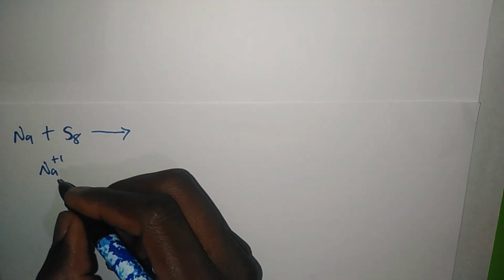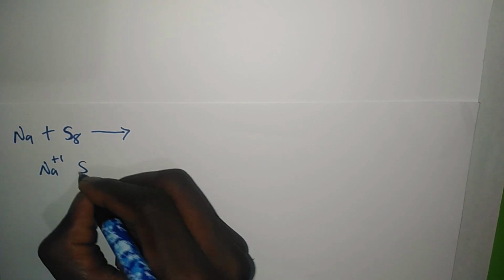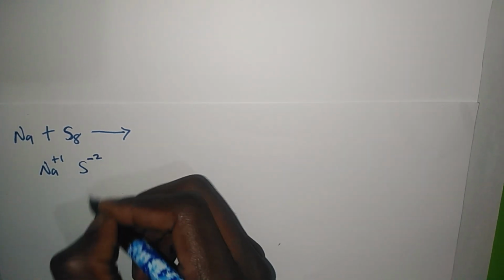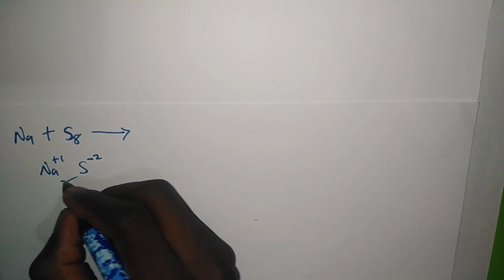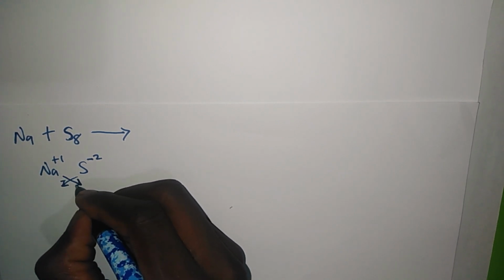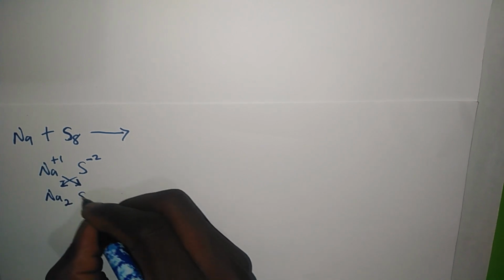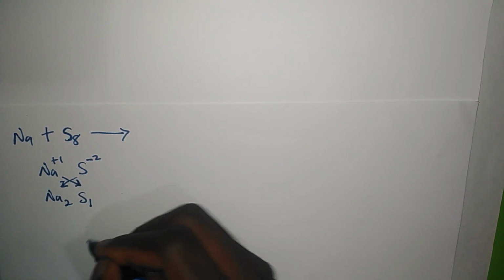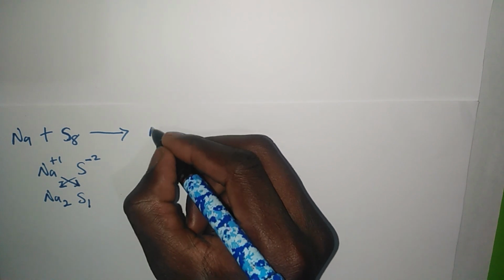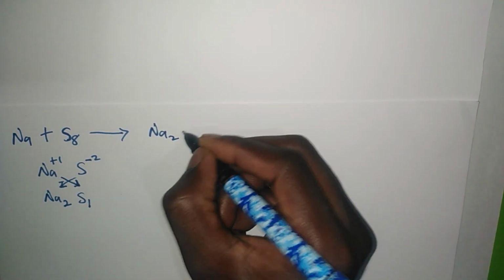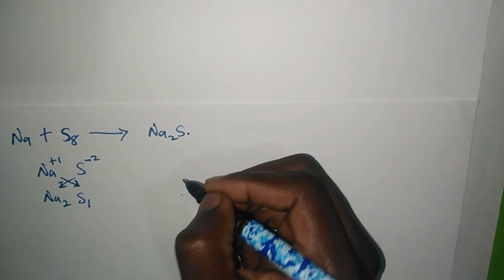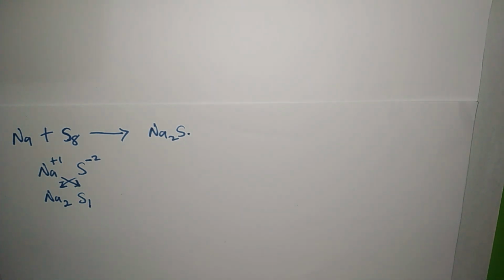Sulfur is in group 6. It has what? -2 charge. So now you say sodium 2 and then sulfur 1. So you put sodium 2, sulfur 1. So you just leave it like that.